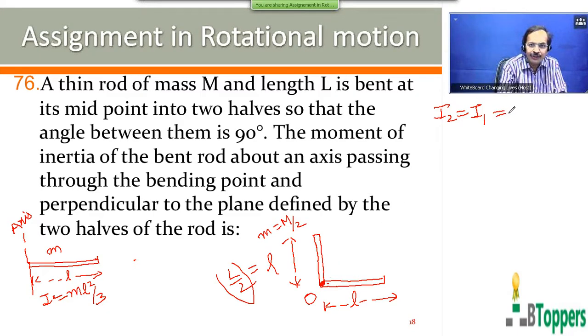That is moment of inertia of thin uniform rod of mass m and length l about the axis passing through one of the ends of the rod, perpendicular to length, is ml square by 3. If small m is equal to capital M by 2, small l equal to capital L by 2.